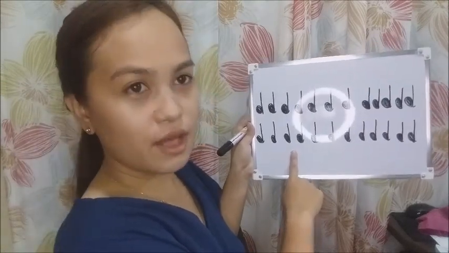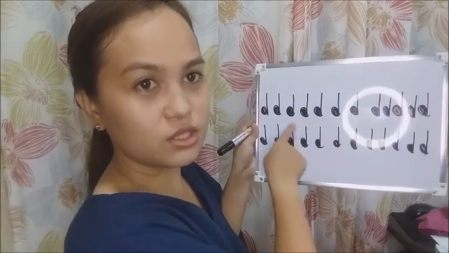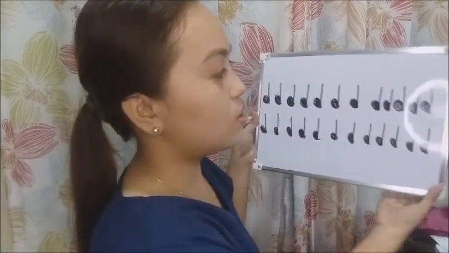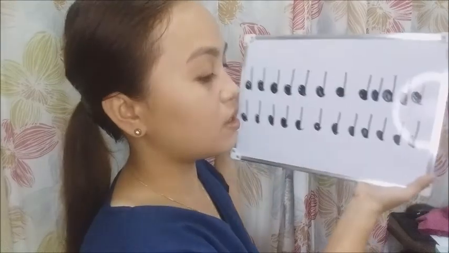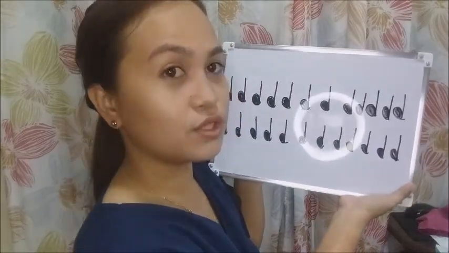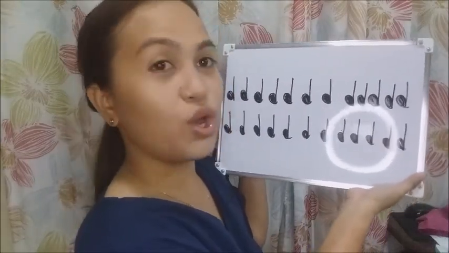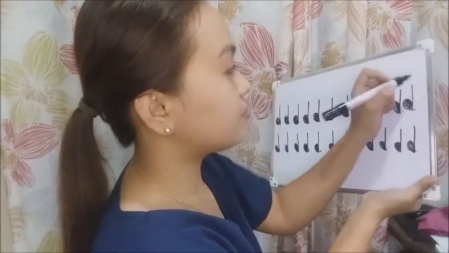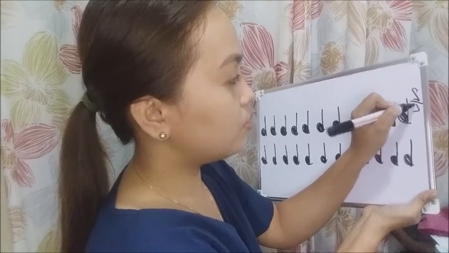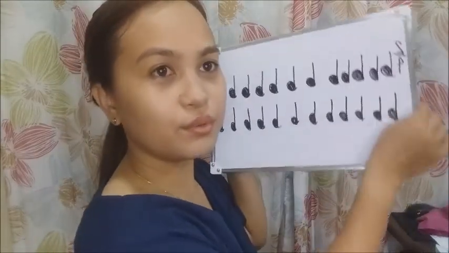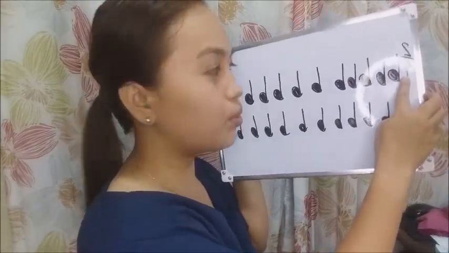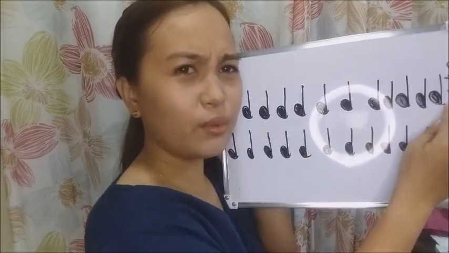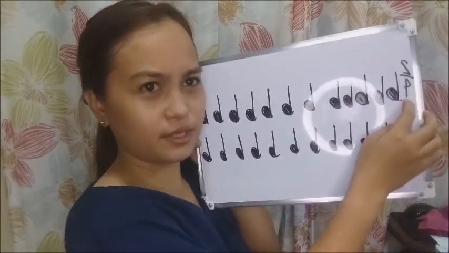So let's have first the 12 quarter notes. We will use first the duple meter. So 2 over 4, we will use 2/4, the duple meter. How will we divide it?